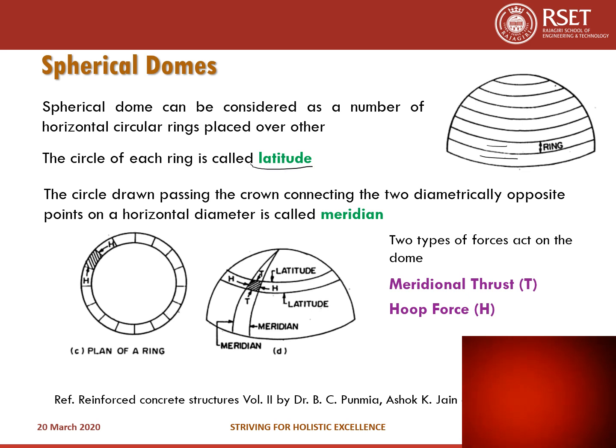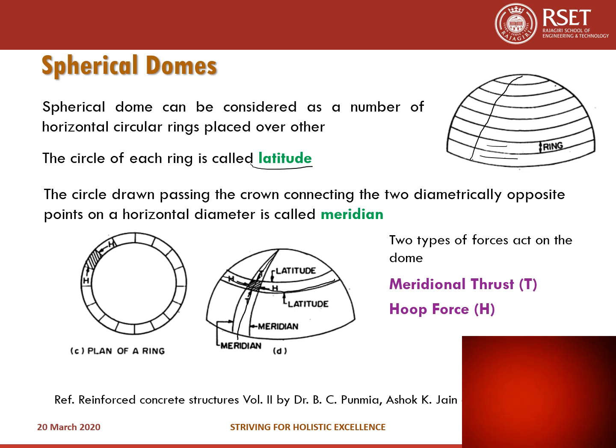Crown is the topmost point, and if you connect the crown with the diametrically opposite point, that line is called a meridian. In this figure you can see the meridian and the latitude.